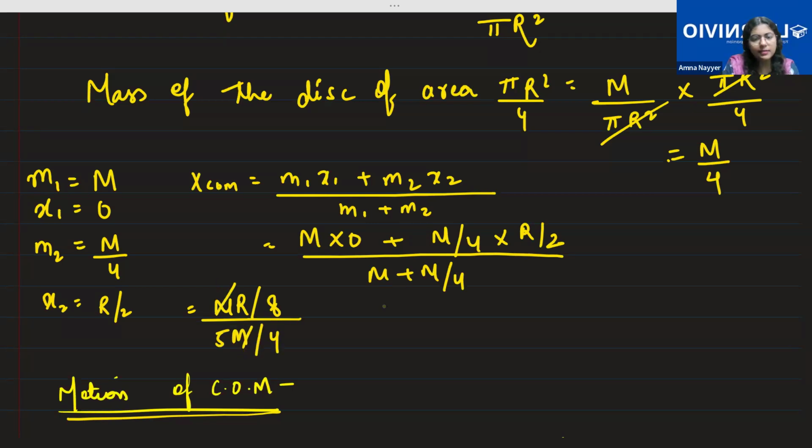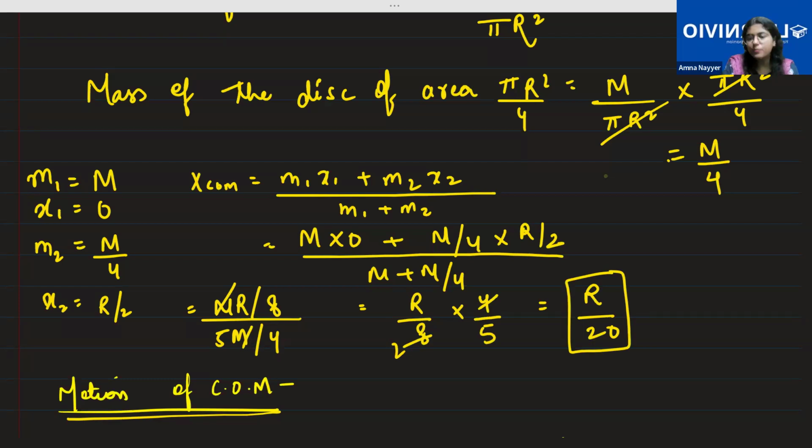The M will be cancelled. This will be R by 8 into 4 by 5, which is R by 20. So R by 20 is the center of mass when a small disk has been cut.